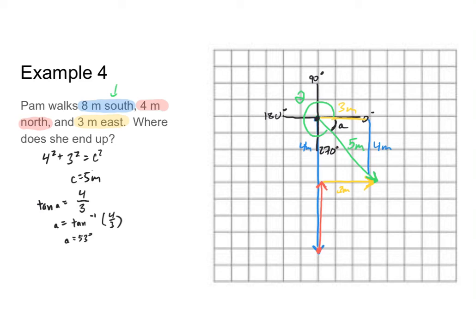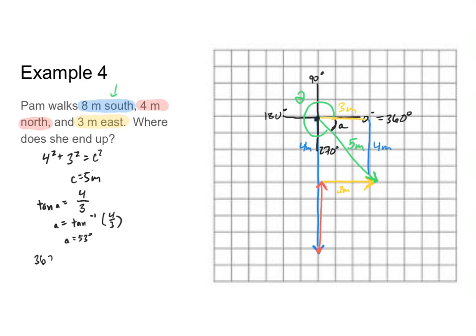Of course, again, I can't just say that A is equal to 53 degrees. I need to figure out what theta is. I need to figure out how far away from 0 my vector is. And to do that, I am going to remind you that 0 degrees is the same as 360 degrees in our unit circle. And to figure out the rest of our unit circle, what I have is 360 degrees minus A is going to give me theta.